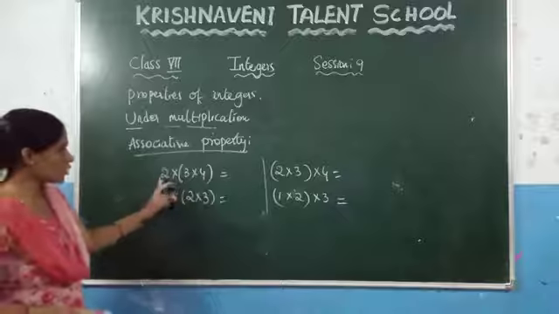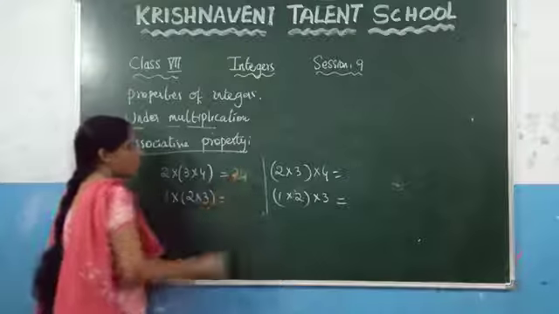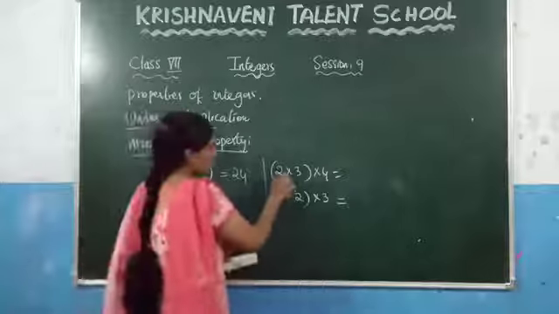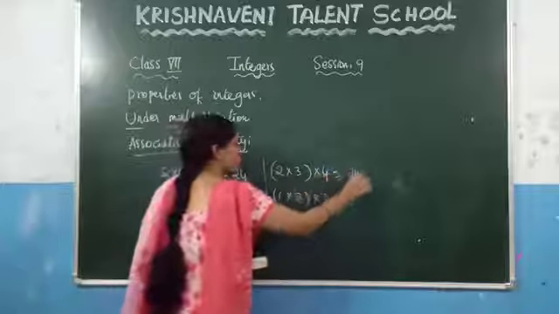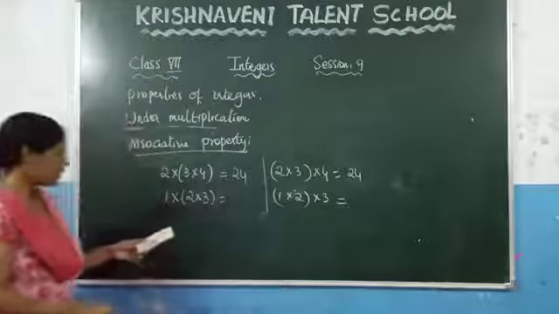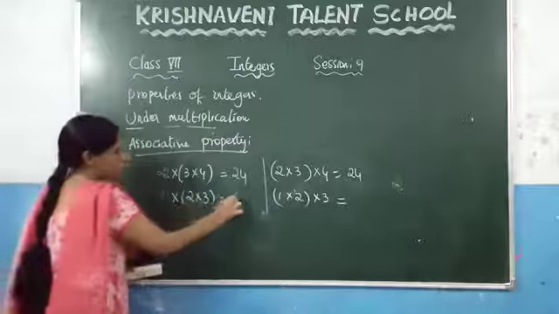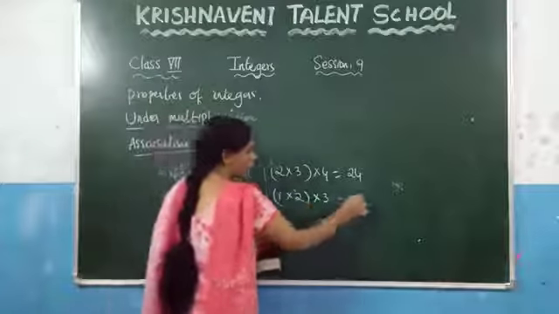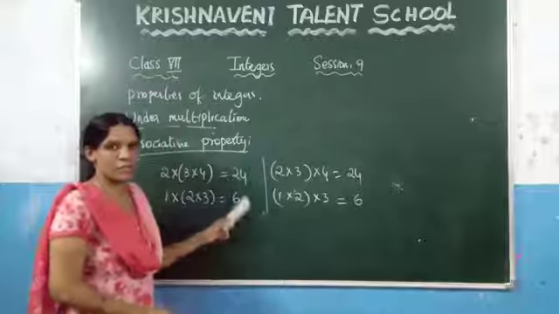Now multiply with 2. 2 into 12 is 24. Whether you get 24 here, you need to check. First multiply 2 into 3, 6. 6 into 4? 24. Here, 2 into 3, 6; 1 into 6, 6. Here, 1 into 2, 2; 2 into 3, 6. You can observe that in both cases you get the same answer.